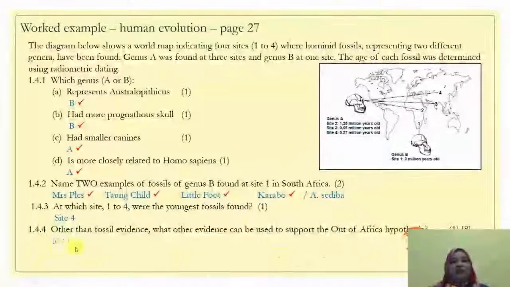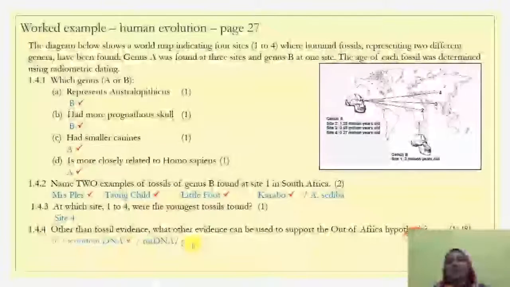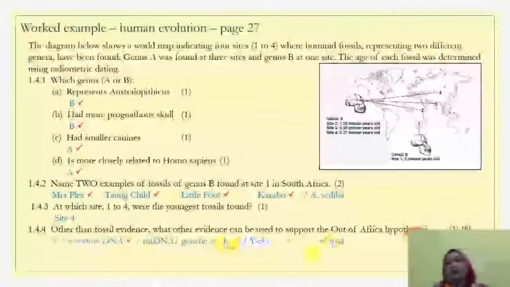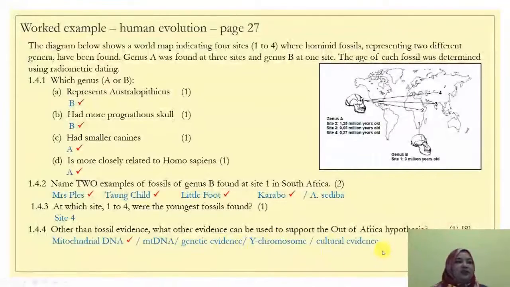Okay, so we can use genetic evidence, you can even name it, mitochondrial DNA, mtDNA, the Y chromosomes, and cultural evidence to support the out of Africa hypothesis. Well done.